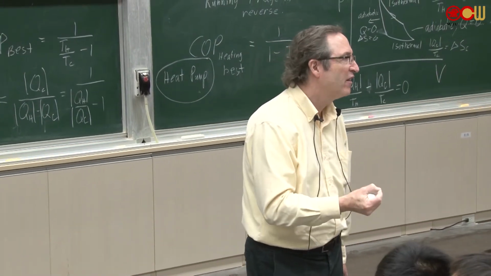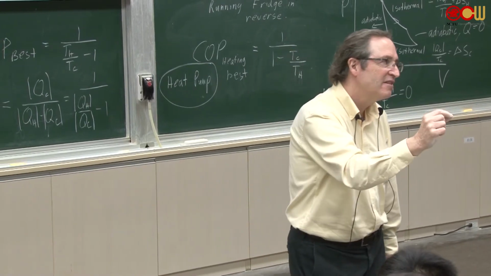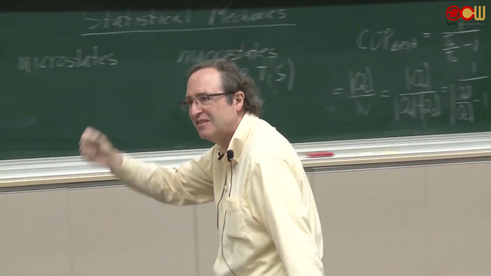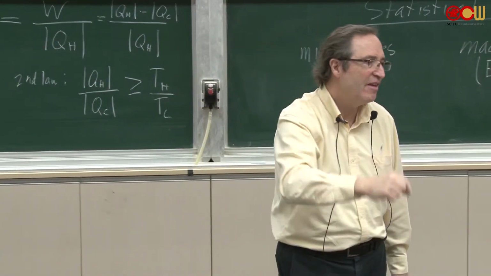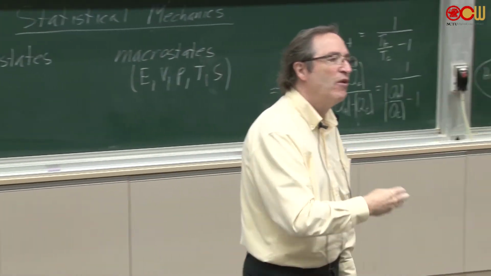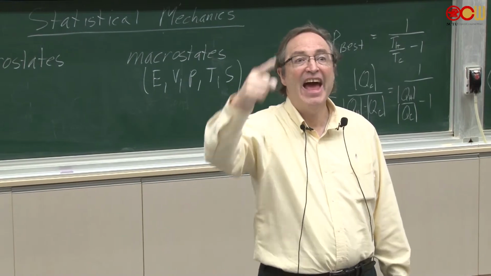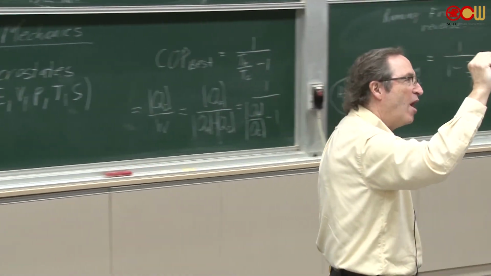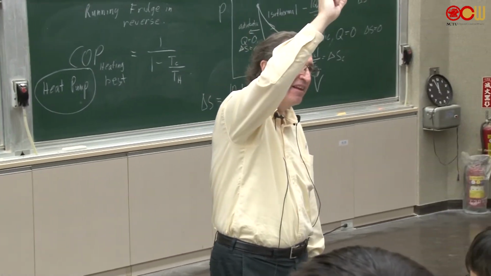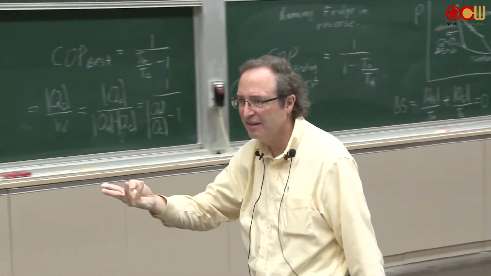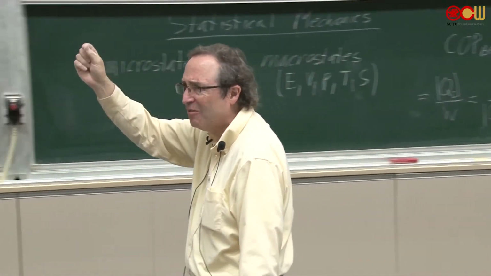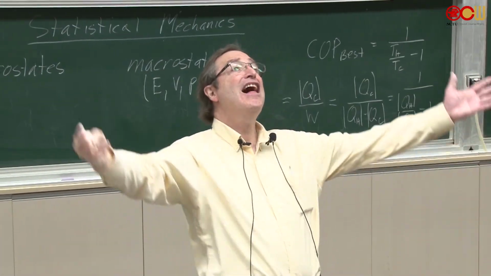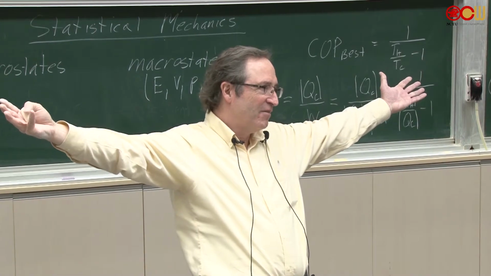For each particle, say its x position, y position, z position, and the same thing for velocity. And when I make that list, that is one microstate. I change one particle a little bit, that's another microstate. I change its velocity a little bit, that's another microstate. So I have a lot of microstates.